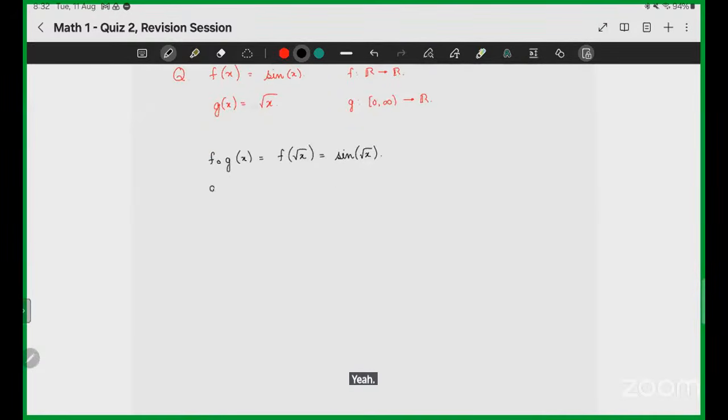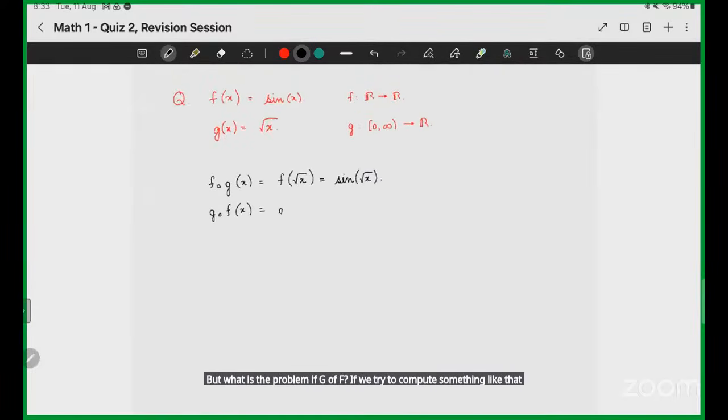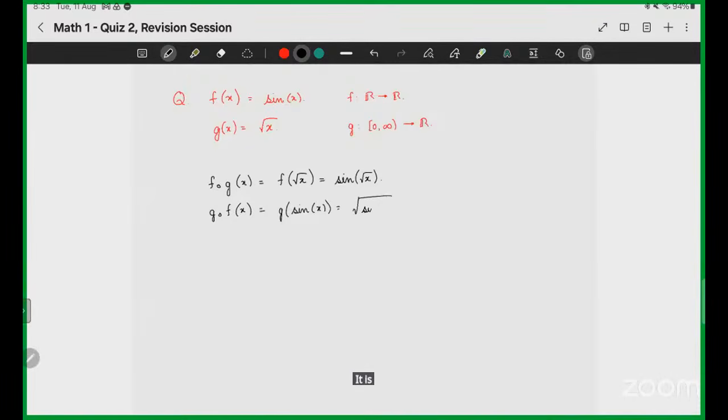But what is the problem with g of f? If we try to compute something like that, I can do g of sin x. It will be square root of sine x. This is not always a well-defined real number.